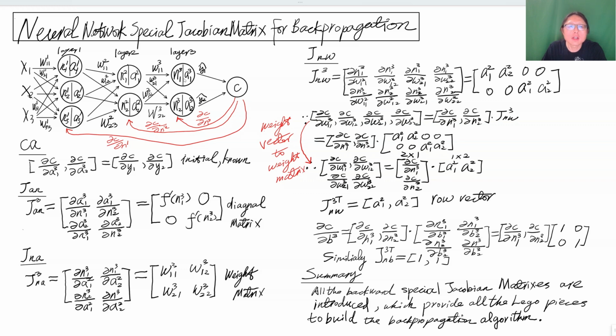And we know this net input has nothing to do with the weights related to the second neuron, so this element and this element are 0. A similar situation happens on the second row. So we got the original Jacobian matrix between the net input and the weight.